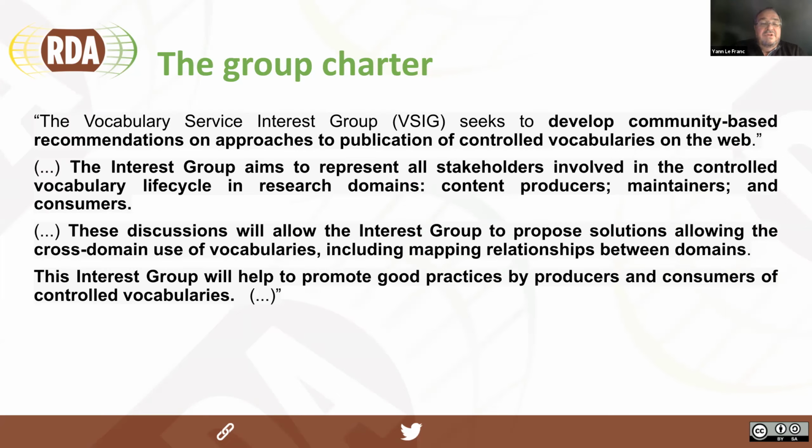So our idea was to start from the initial group charter, where the idea is to develop community-based recommendations on approaches to publish controlled vocabularies on the web. The idea of the interest group is that it should represent all the stakeholders involved in the controlled vocabulary lifecycle in the research domain, which is quite the case because we have more than 200 members with different perspectives.